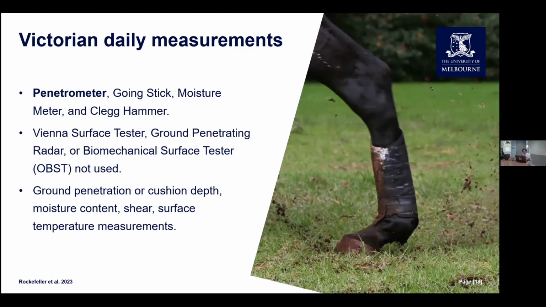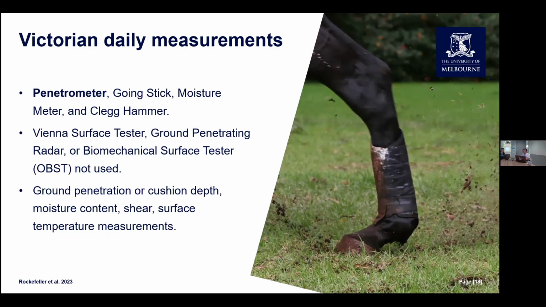So if I go into what we're collecting, our Victorian daily measurements: nearly all tracks are collecting using the penetrometer. A handful use the going stick, particularly Flemington, I think, because we do have some international horses coming in, especially from the UK, so it's helpful to have both of those. They don't report just one, they report both the penetrometer and going stick.